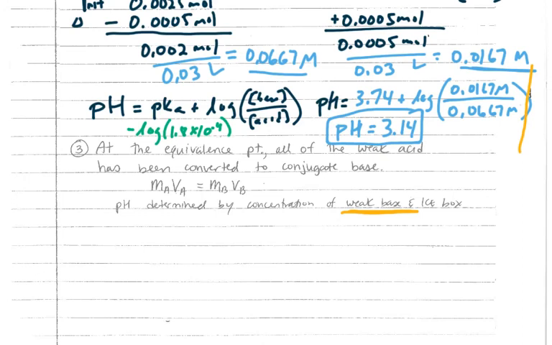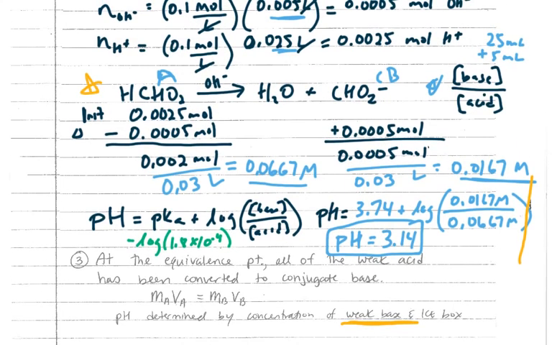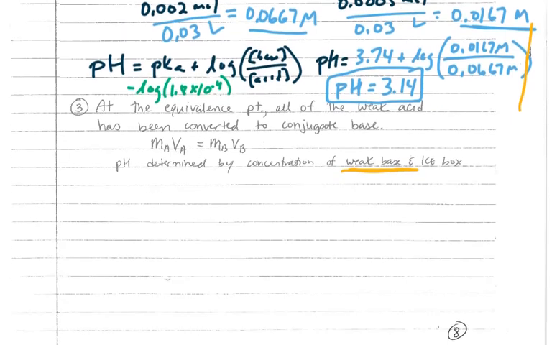We're using the same equation here: at the equivalence point, we have used up all of this acid, it has been neutralized and has therefore become the weak base. And that weak base is slightly basic, hence the slightly basic pH at the equivalence point.